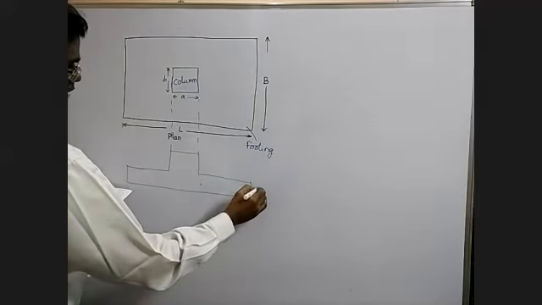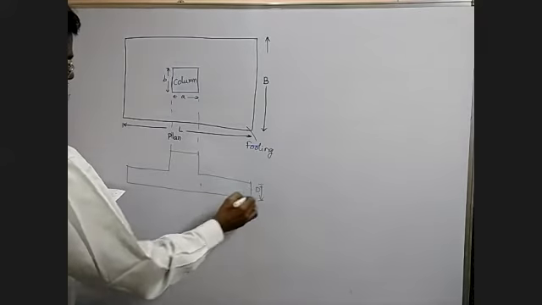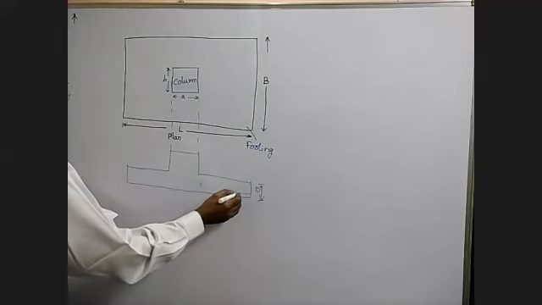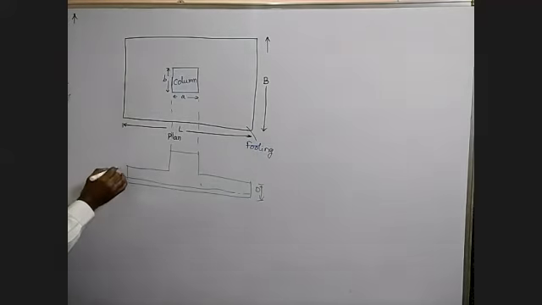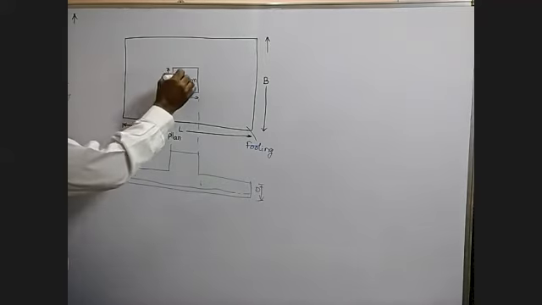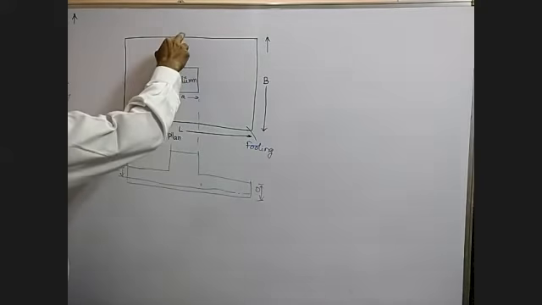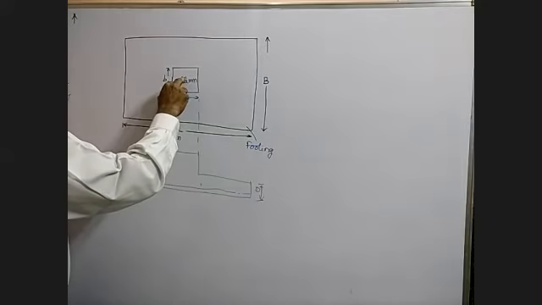Now we are trying to find out this depth D. So this is small d. Here, this is small d. Depth of footing, effective depth. Total is the gross depth, and after cover, this is the effective depth of the footing. Now here, the CG of this column should pass through the CG of this footing.